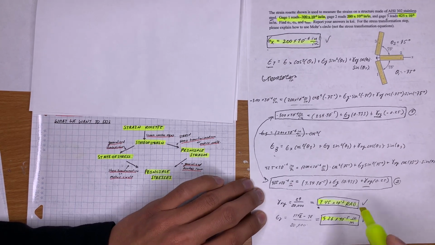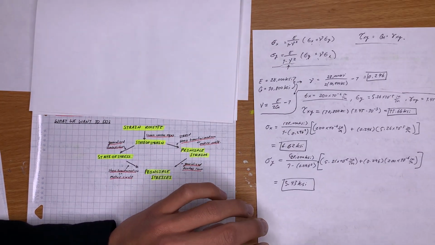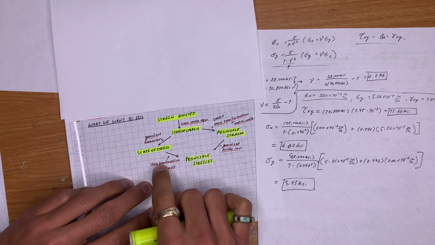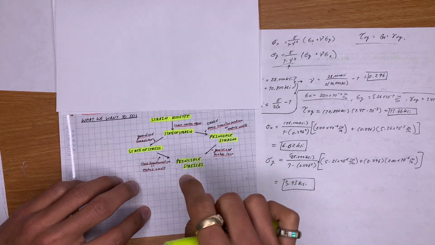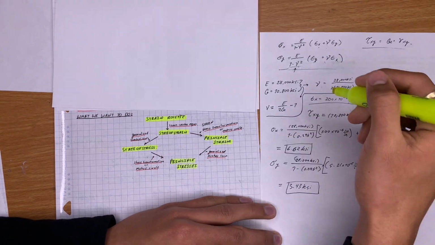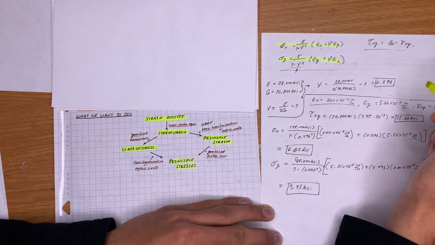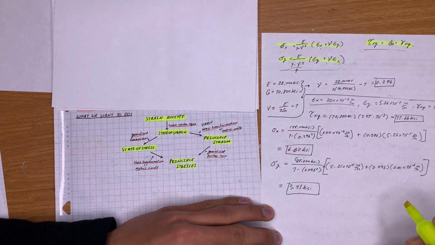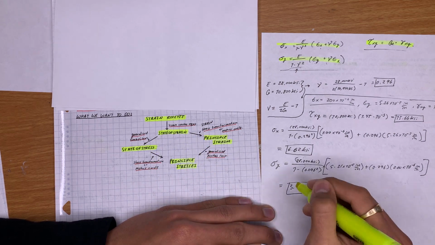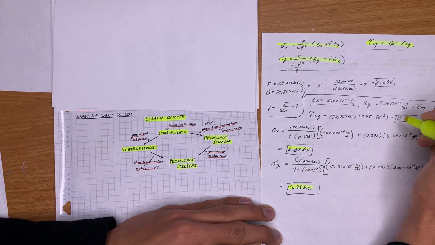And then from our state of strain, we used generalized Hooke's law to translate to a state of stress, which we have now here.